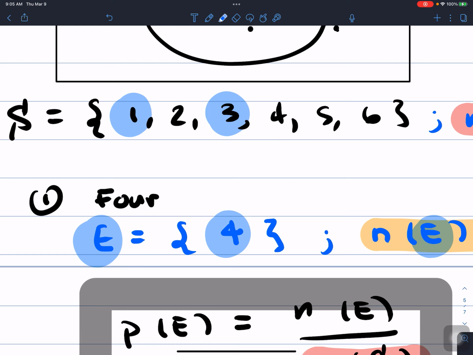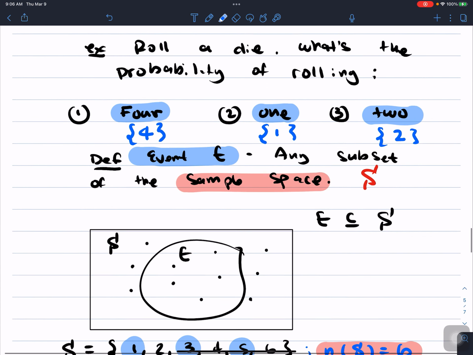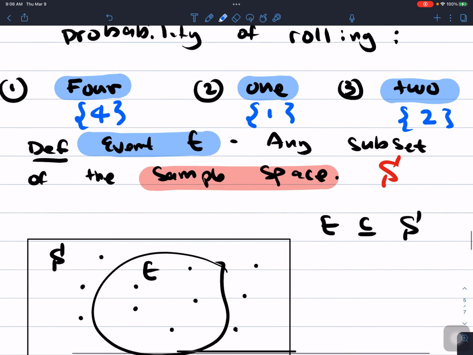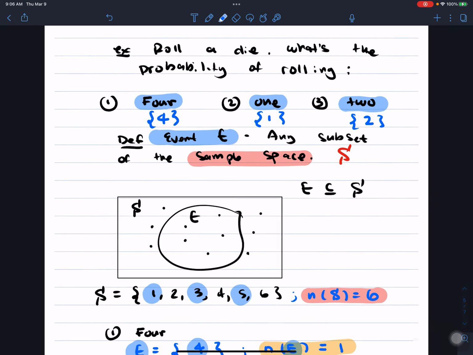What else? 5 is odd. Do I list 7? No. Do I list 9? No. Why not? They're not in the sample space. Do they have to be? Yes. That's the only way you can answer a question, because the definition of an event is any subset of the sample space. It has to be in the sample space. Is that easy?